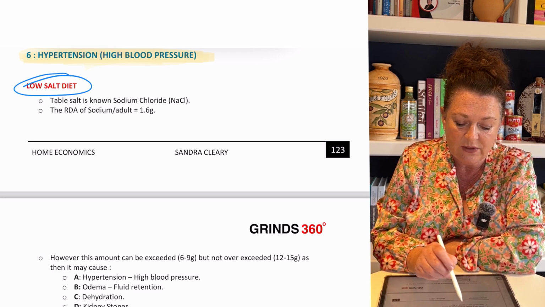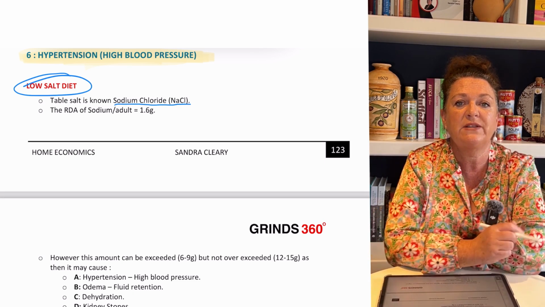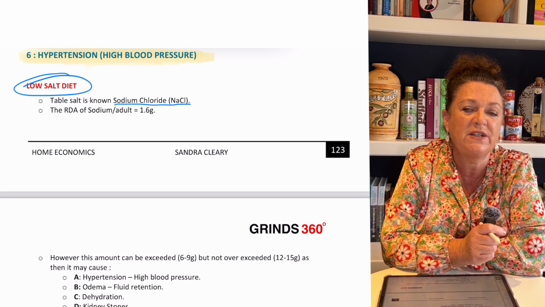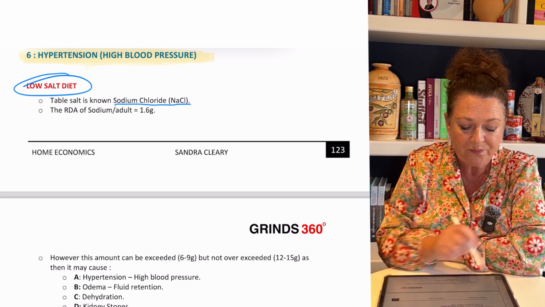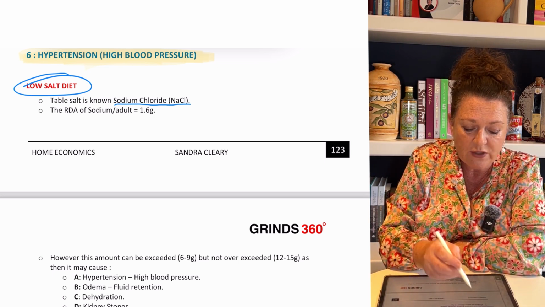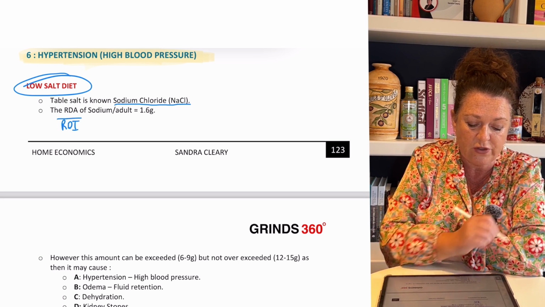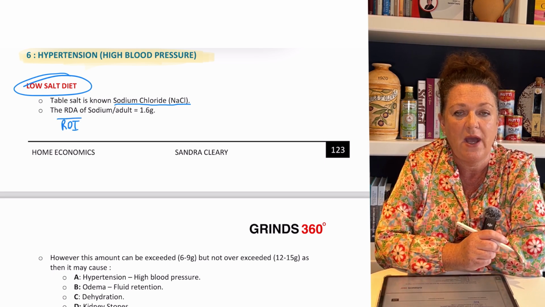So table salt is sodium chloride. A reminder that sodium happens to be an exception to the rule. Remember, we said it's the only micronutrient that is measured in grams, and whereby the RDA or the RDI, whichever you like to refer to, is 1.6 grams for an adult.